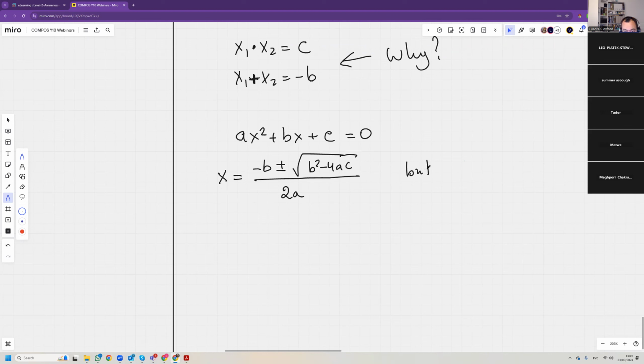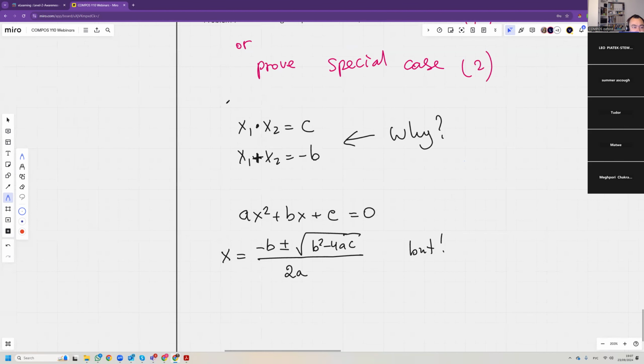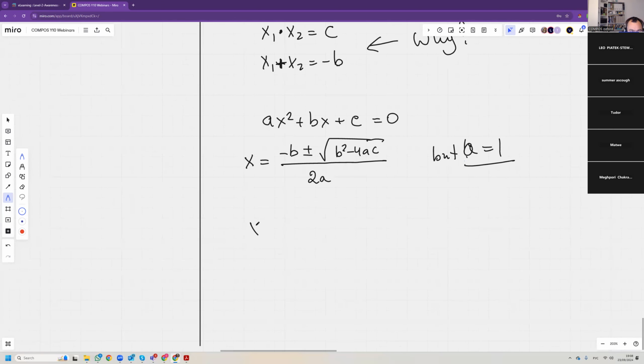But in Vieta's formula, a is 1. So we use that fact. So x is minus b plus minus square root of b squared minus 4c over 2. All right, so this is the quadratic formula if a is 1.